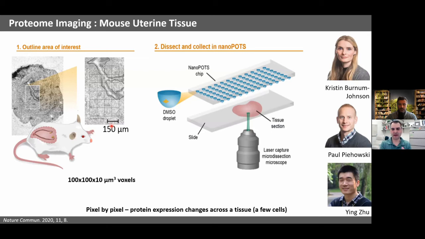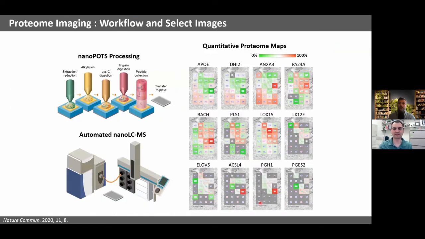So in this work, we were looking at some mouse uterine tissue and profiling across there with 100 micron spatial resolution for most of the work, and we could achieve a depth of coverage of about 2,000 proteins per pixel. And this is just selecting a dozen or so proteins that we could look at, how the protein expression is up or down regulated as we transition from the surrounding stromal tissue into the luminal epithelial tissue of the mouse uterus.